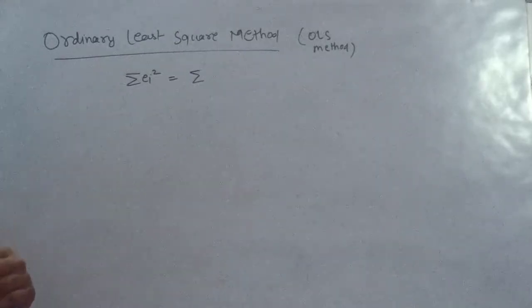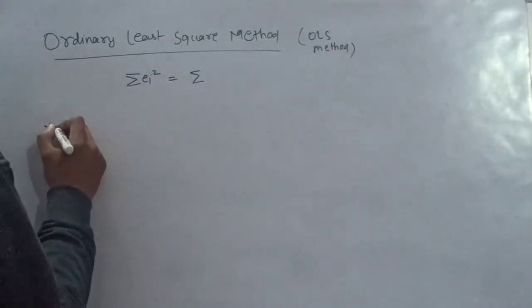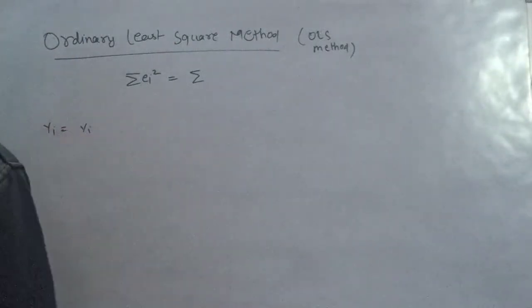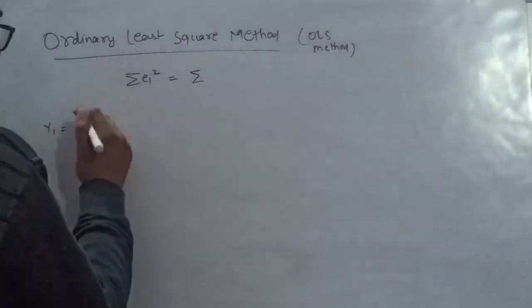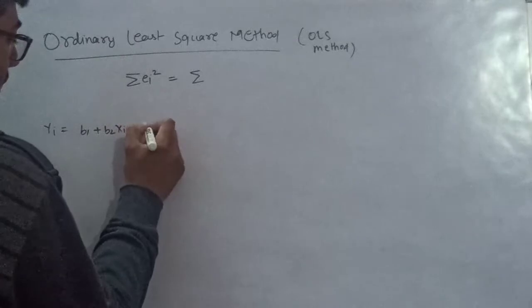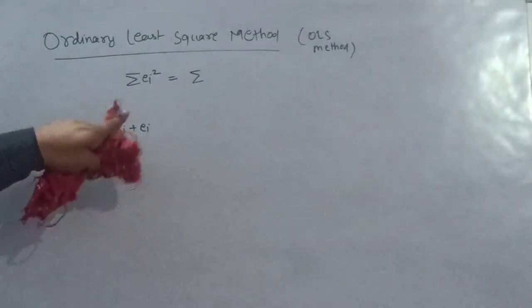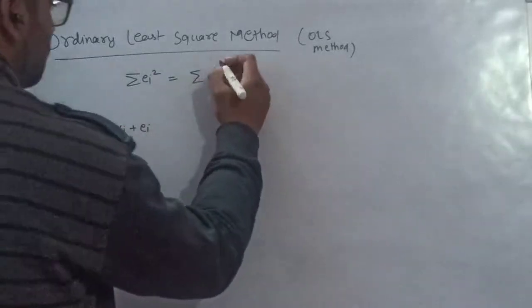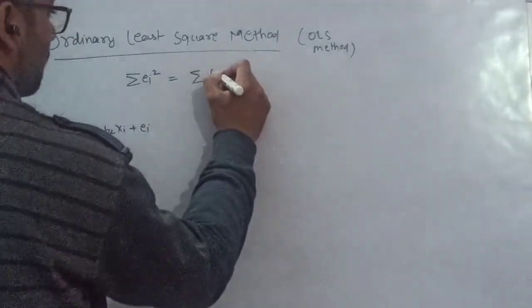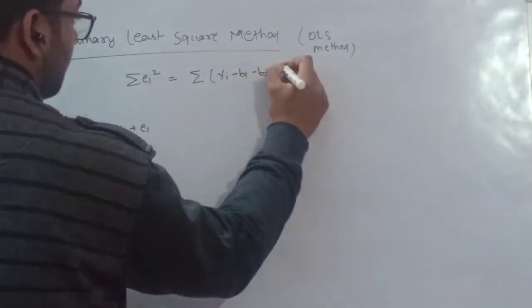Yi is equal to Yi hat plus ei, which is b1 plus b2 Xi plus ei. Now from there ei will be Yi minus b1 minus b2 Xi. So substitute this here: sigma of Yi minus b1 minus b2 Xi whole square.